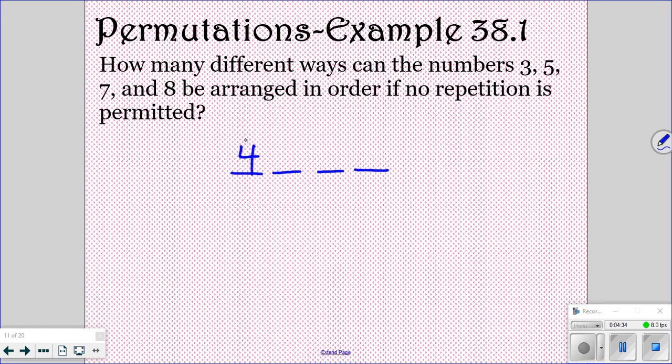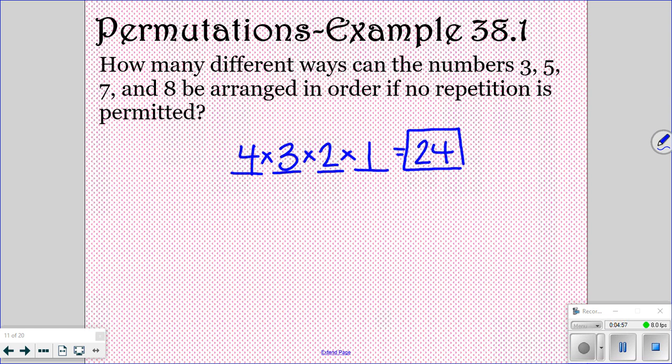Once we pick that one number, we have 3 options that can go here. Once we pick that option, we only have 2 that can go here, and then in the last slot, we only have 1 option. So if you multiply these, you get 24. That's how many different ways you can arrange this.